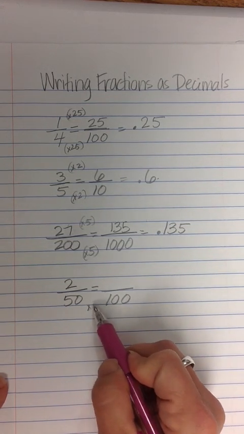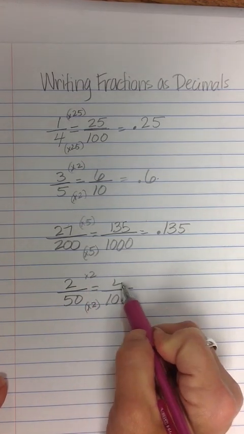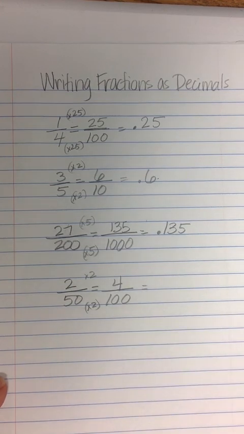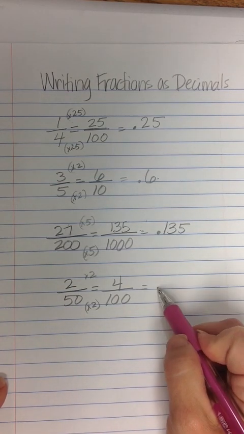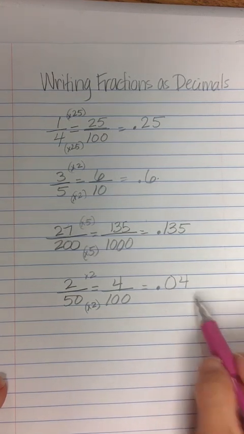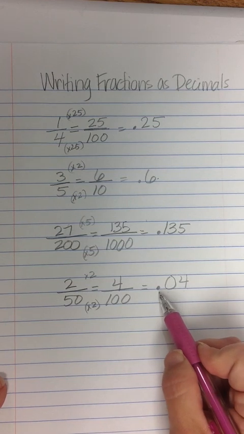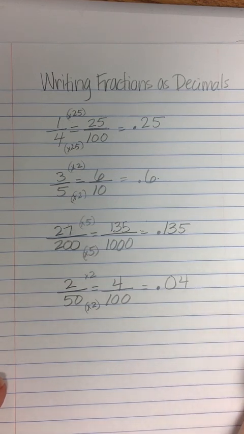If I multiply 50 times 2, I get 100. 2 times 2 is 4. 4 hundredths. I have to make sure and remember that the 4 has to be in the hundredths place, not the tenths place. So our answer is decimal 04 in order to represent 4 hundredths. I hope that helps.